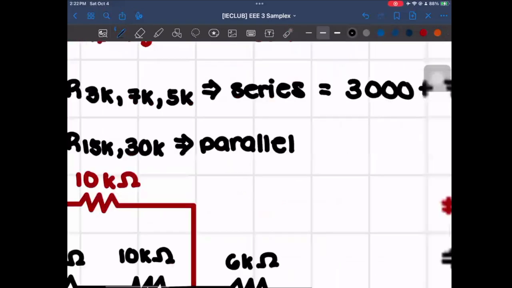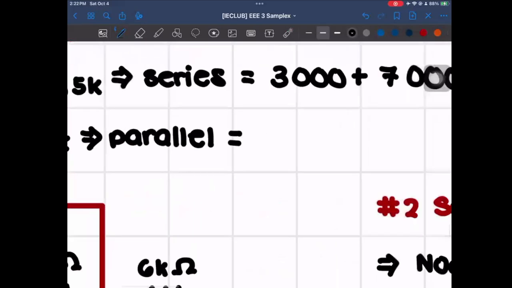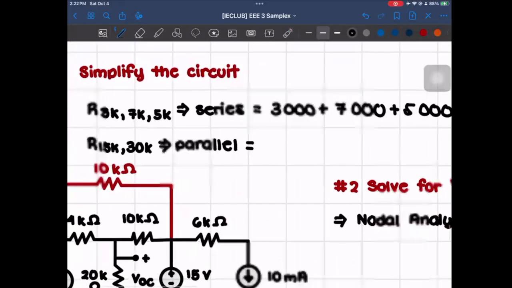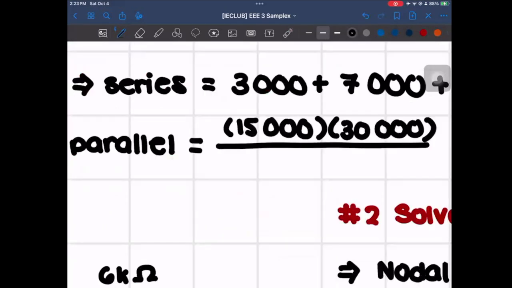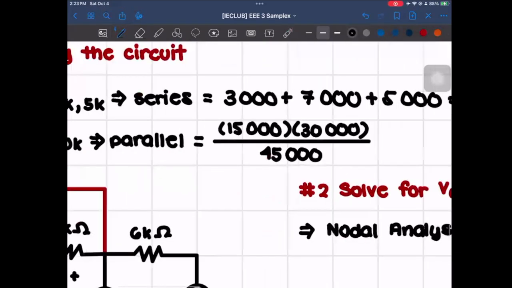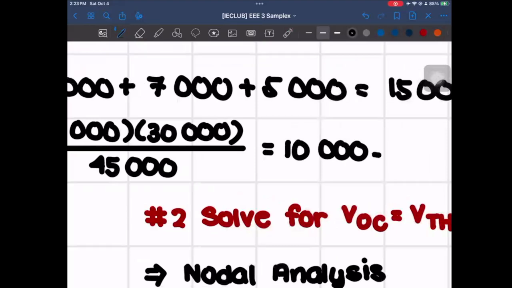And so, given what we know about computing for parallel, that's just going to be 15,000 times 30,000 all over the sum of both. So that's just going to be 45,000. And when you compute that, it's going to end up 10,000 ohms.